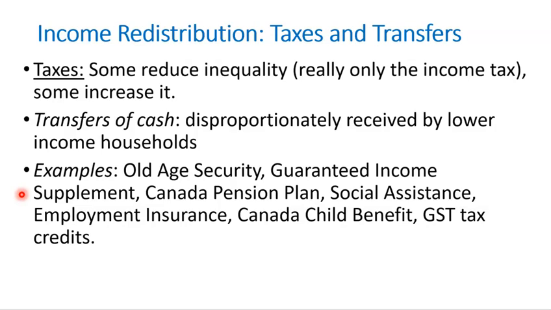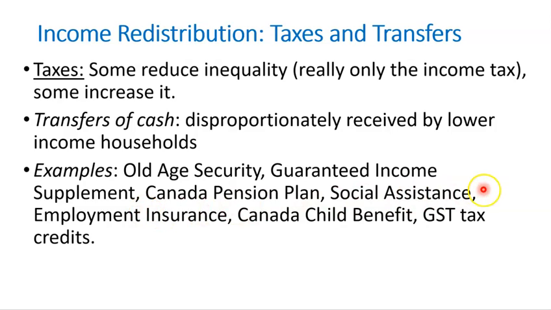So it's been very important in reducing poverty among elderly people. There's also the Canada Pension Plan. So the Canada Pension Plan is funded by a tax which is collected on people's wages, at least up to a certain level. So that also supplements people's incomes, but only if you've contributed to it.